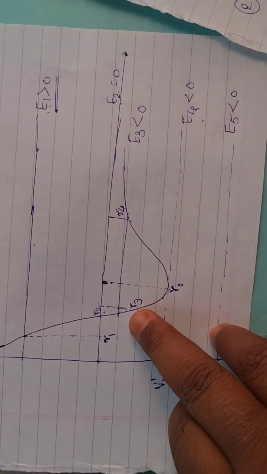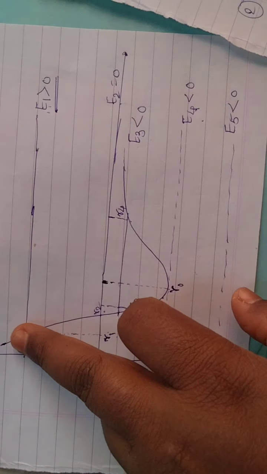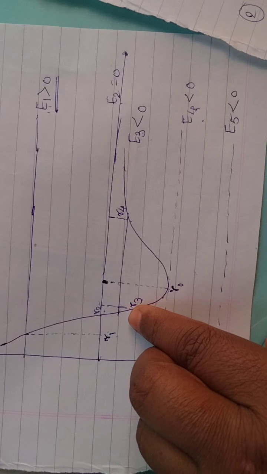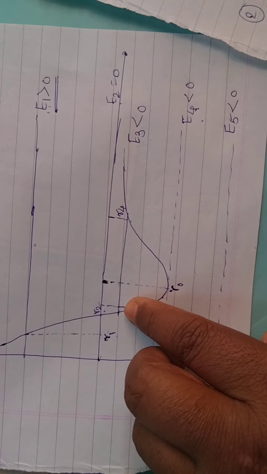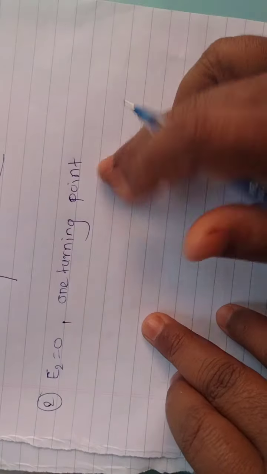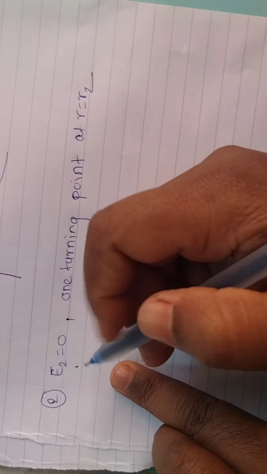Say, here is one turning point, here is another turning point, and another, like this. So this is one turning point at r equal to r2 for the second energy.